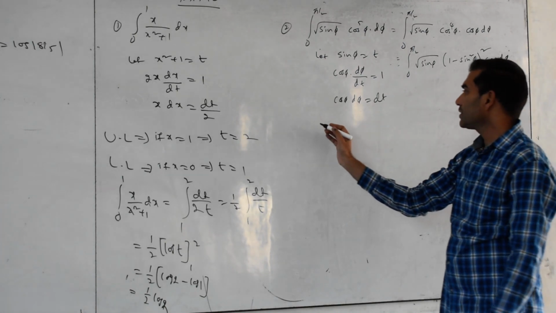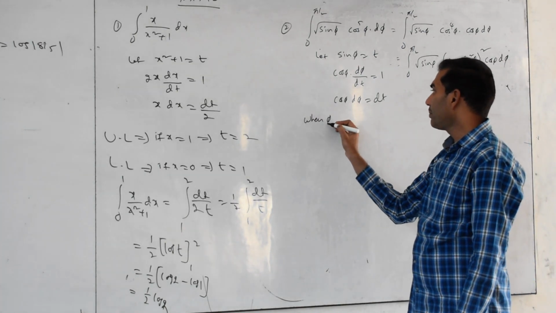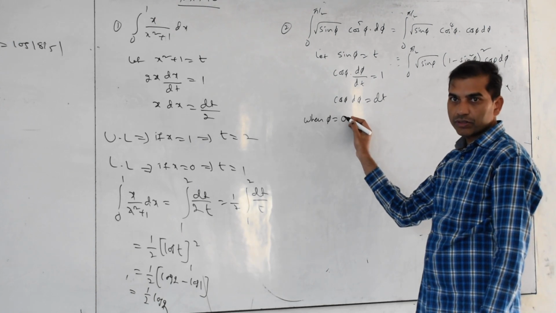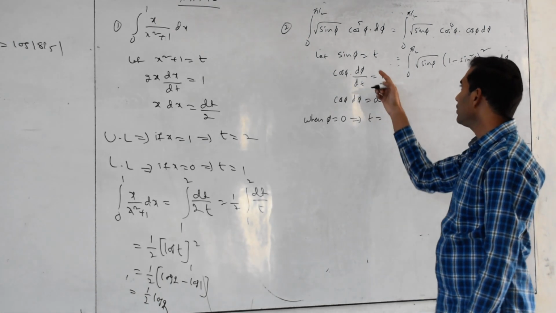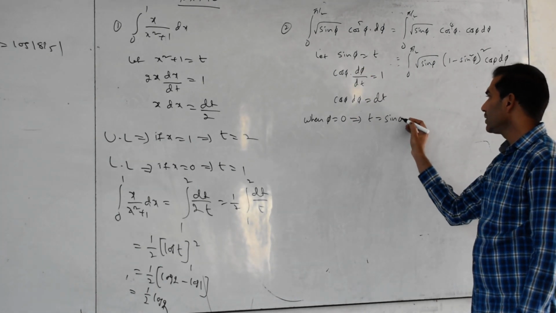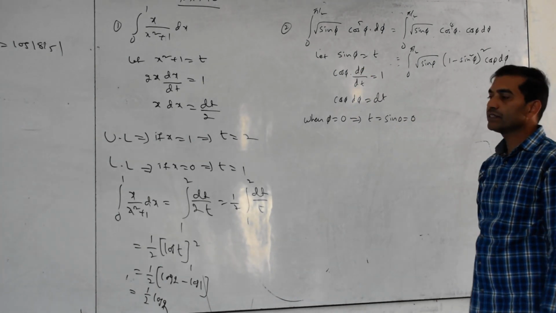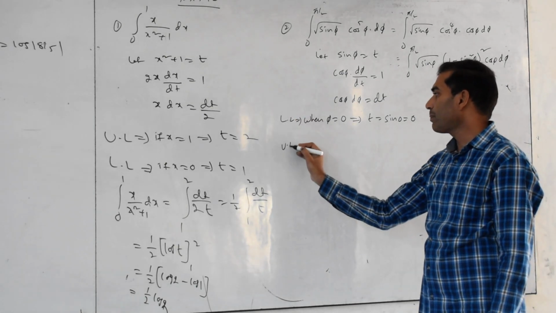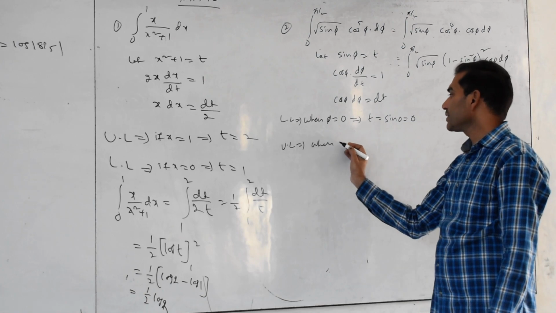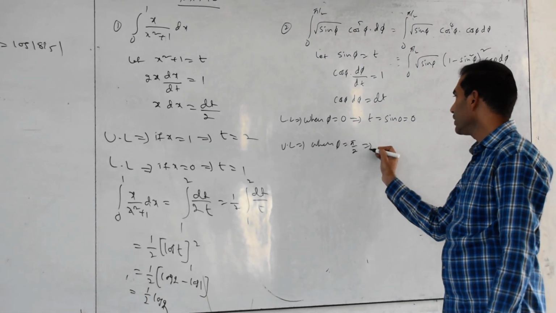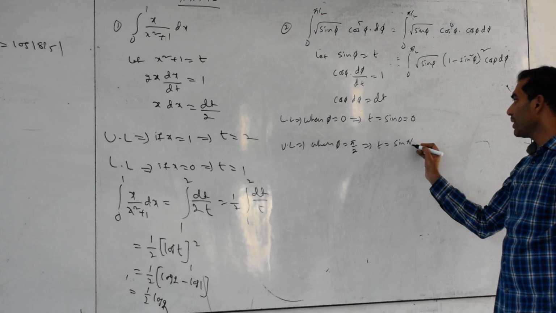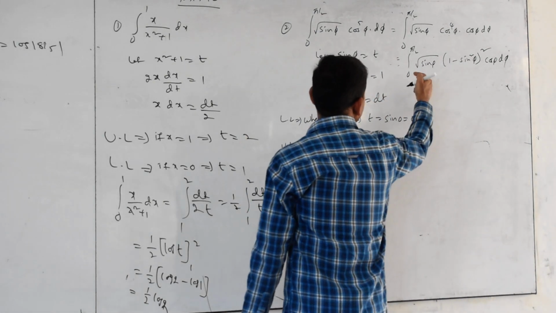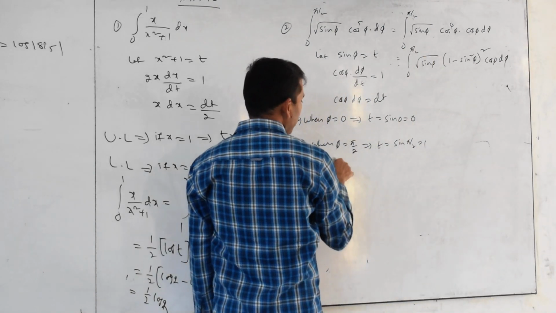Right? Change the limits. When theta is equal to 0, t is equal to sin 0, which is 0, so the lower limit is 0. When theta is equal to pi by 2, t is equal to sin pi by 2, which is 1. So the limits are 0 to 1.